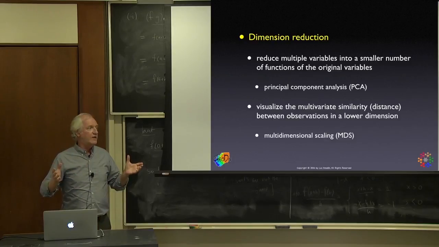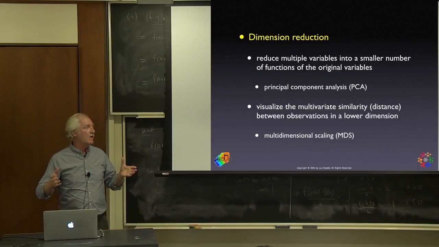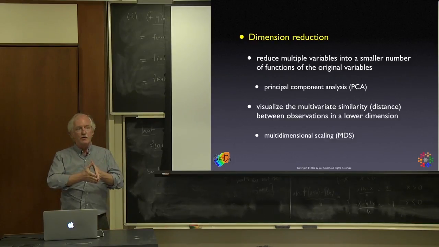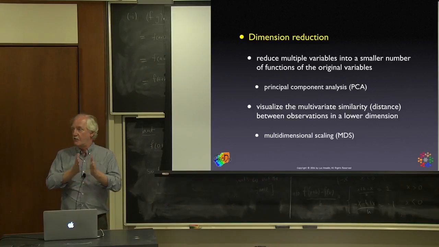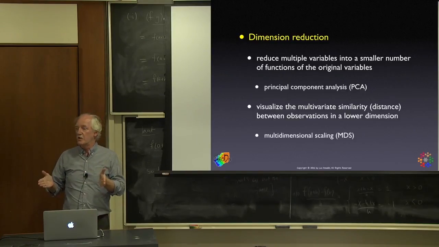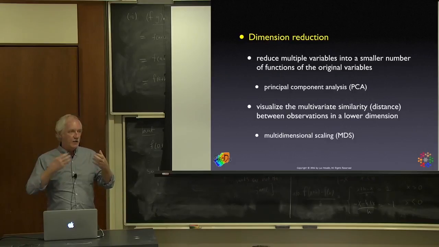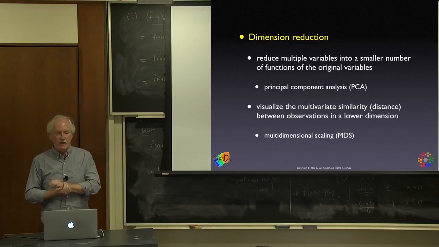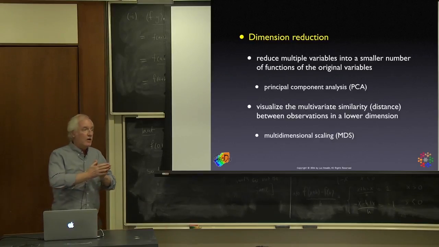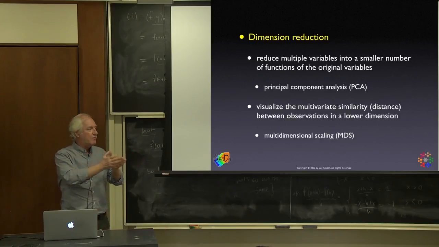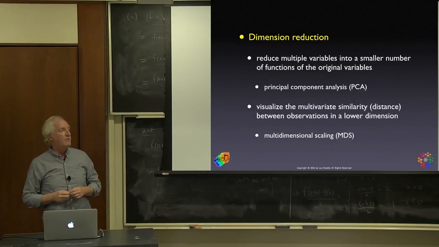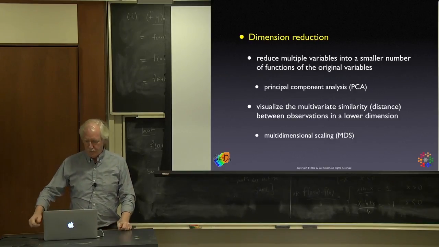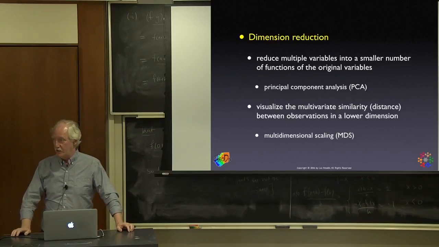They're intercorrelated, so maybe we can replace them by a lower dimensional set of variables that are functions of the original variables. So we replace in some reasonable fashion, and we'll see in a few minutes how we do that, these many, many variables by a small set of other ones that are, of course, related to the original variables. Otherwise, it wouldn't make any sense. And principal component analysis is one example of doing that.